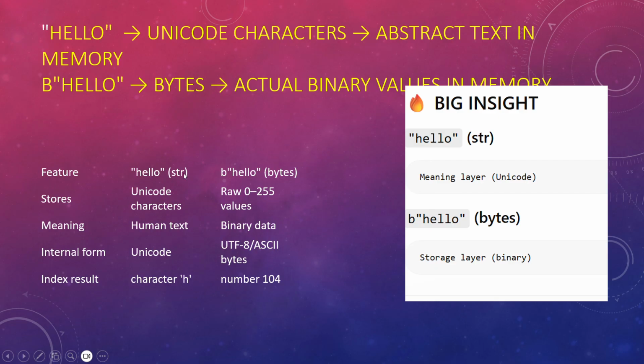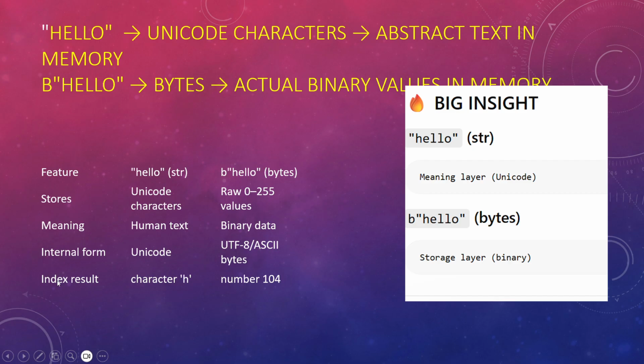Now this is human text hello, but this is the actual binary data. Internal form here means in the RAM while Python accesses it, this is Unicode, and here it is after encoding, whichever UTF-8 format if we have used, or 16 or 32. So this is after encoding.